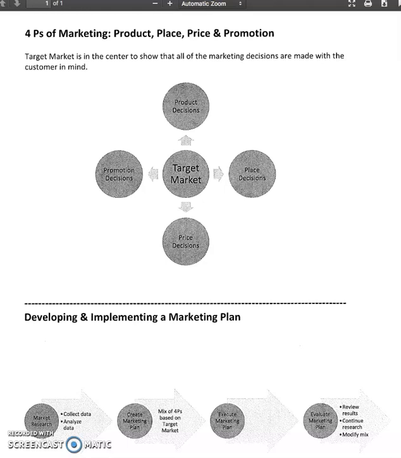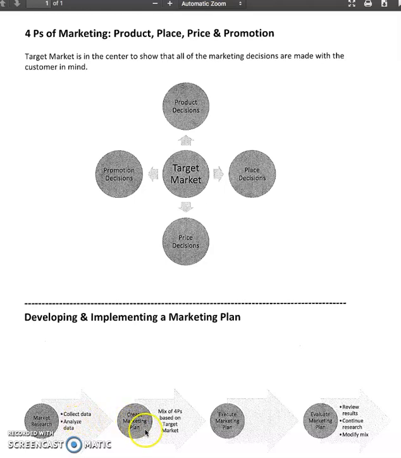Here is a video on the creation of a marketing plan. In prior videos, we've looked at the 4 P's of marketing, and we've looked at the target market. When it comes to the process of developing and implementing a marketing plan, we go through the market research process, which is the collection and the analysis of data and information.